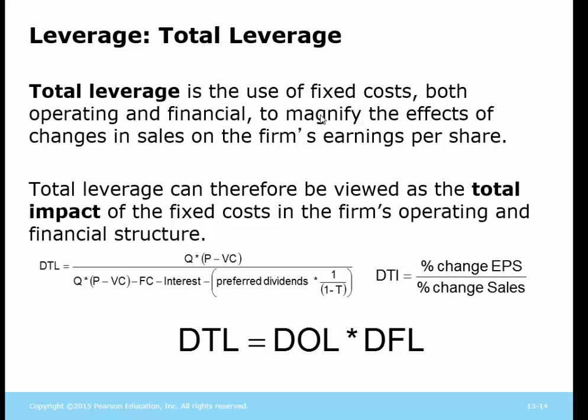Total leverage then is the use of fixed costs and operating costs together. It is a combined impact. And again, we can use the financial statements, we can also use the income statements, but quite frankly, I think there's a much better formula here. You take the degree of operating leverage and multiply it by the degree of financial leverage. And this, I think, is very important. We'll talk about this in class because this is a misleading statement that many people make.